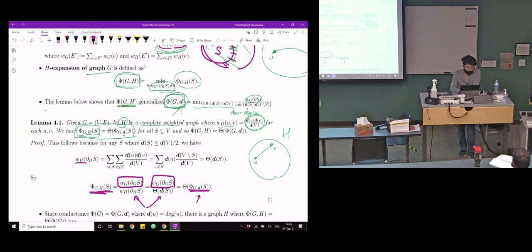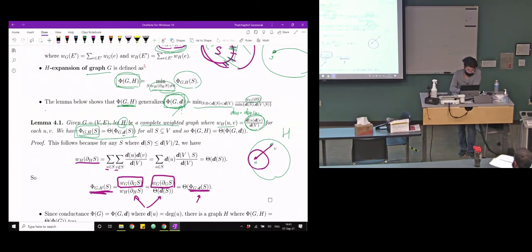This is just the total size of the cut crossing S in the graph H. H is a complete graph with this weight, right? So for every edge crossing the cut, you have U inside S, V not in S, and this is the weight.